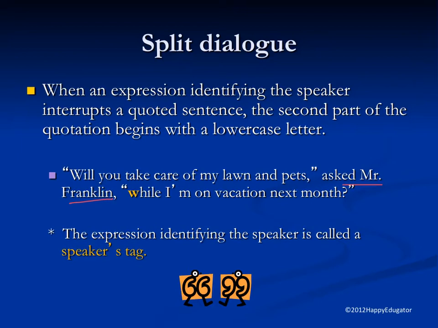This writer decided to tag Mr. Franklin in the middle. Because they did that, we have quotations around the beginning and the end. We have a comma to interrupt the tag. I have quotations again around what he says after the tag, a punctuation mark at the end of his sentence, but you'll notice this W is not capitalized because it's still part of the original sentence.